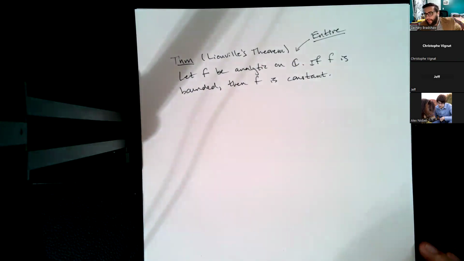This is one of those theorems that showcases how strong a condition analyticity is, especially if you extend it to the entire complex plane.